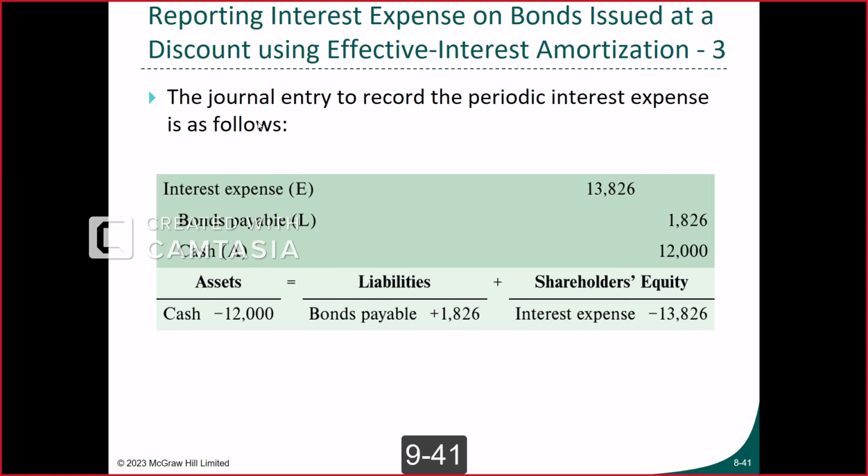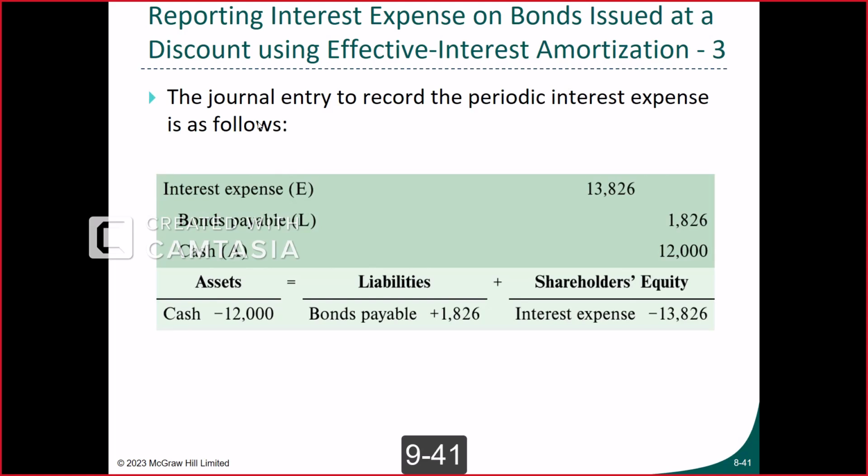The cash amount of interest is based on your contractual commitment with the investors. You committed to pay a coupon rate of 3% every 6 months, right? That gives $12,000 of cash amount of interest. That is not the interest expense. That is the legal form.